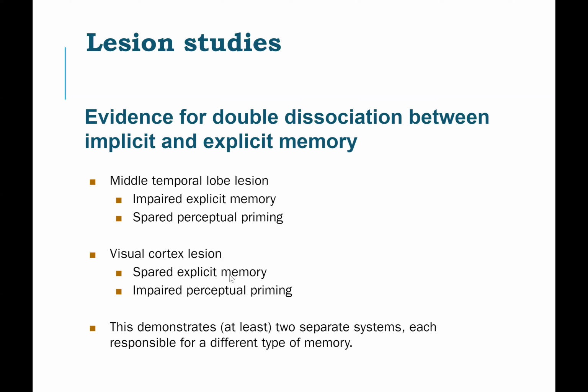Damage to cortex in general, unless it's extensive damage to the frontal area, does not damage your autobiographical memory and those sorts of things very severely. This shows that there is dissociation between these two types of memories and what kind of brain networks mediate each.